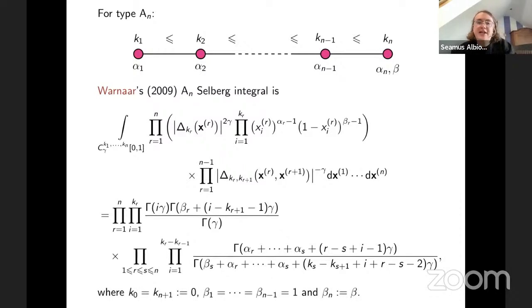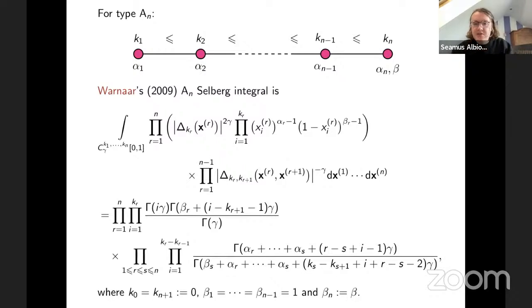So I didn't write the conjecture down explicitly on the slides because I kind of wanted to slide it under the rug, but there is a conjecture of Mukhin and Varchenko which says that, modulo some representation theoretic condition, which looks like what I just explained, so that you want some multiplicities all to be 1, essentially, then when you integrate what they call the master function, which is the integrand of the Selberg integral for A_N, for example, but for arbitrary types it looks a bit different, then this should evaluate as a product of gamma functions.